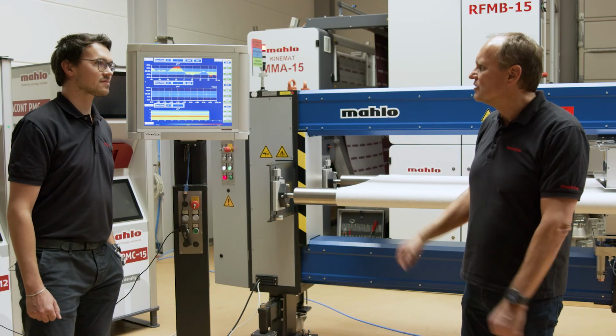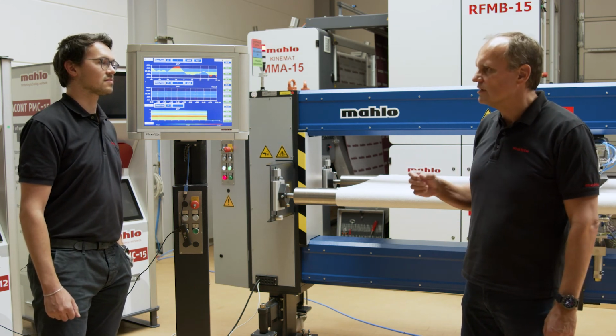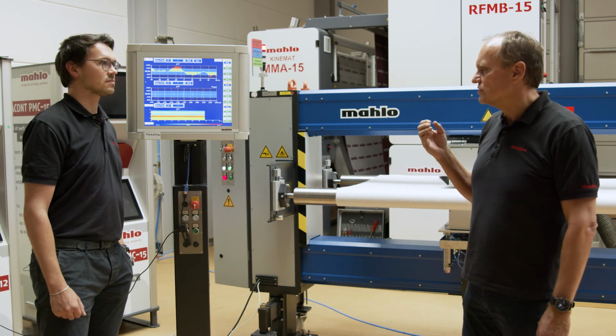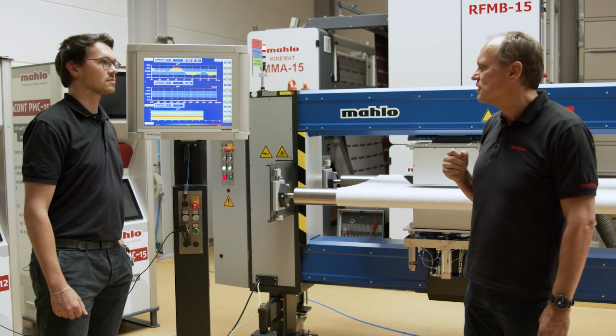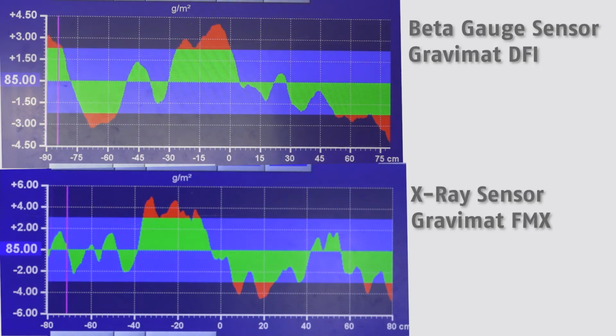And as a result of our test today, we can say that both types of sensor, the X-ray as well as the beta, show very good results, and they are both applicable to measure non-woven basis weight. Both systems are capable of measuring the basis weight for, in this case, the non-woven.